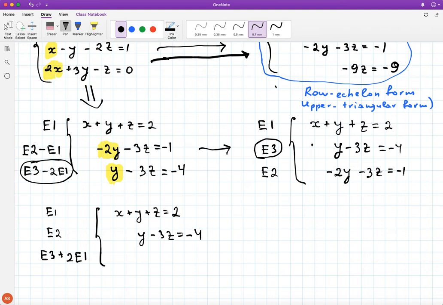Then our third equation will become negative 9z equals 2 times negative 4 plus negative 1, negative 9.